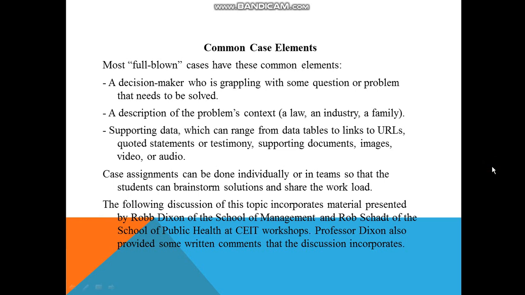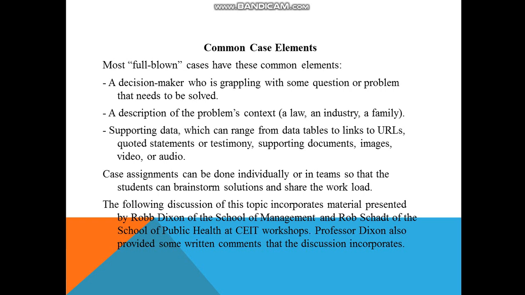So, common case elements. What are common case elements? The first one is a decision maker. It is a person who is grappling with some question or problem that needs to be solved. Next, a description of the problem's context: a law, an industry, a family.